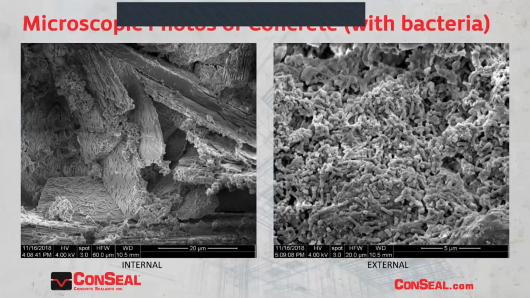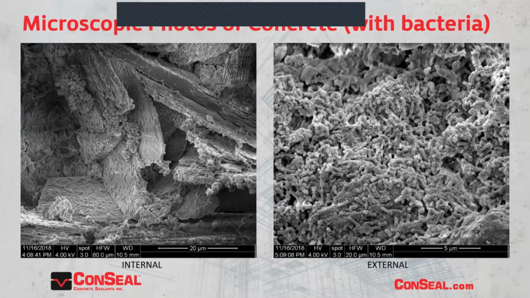When you look at that same concrete under a microscope where microbial-induced corrosion is present, on the left you can see the picture inside of the concrete structure. This is looking inside of a crack. You can see those rod-shaped bacteria that have formed and are growing in population inside the concrete. On the right, that's the bacteria sitting on the surface.